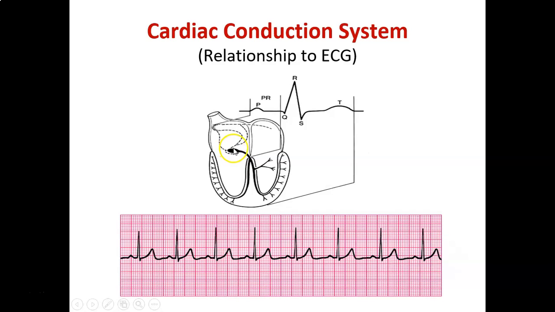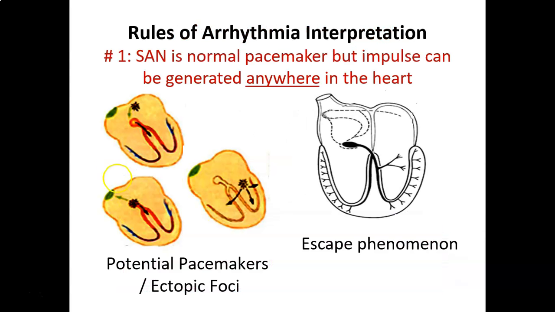Then the current flows very fast to both the ventricles, and we get the big QRS complex. And when the ventricles relax, we get the T wave. So P, QRS complex, and T. So these are the normal deflections on the ECG paper when the electricity goes through the cardiac conduction system, and the heart has to go through these complexes 60 to 100 times per minute in adults.